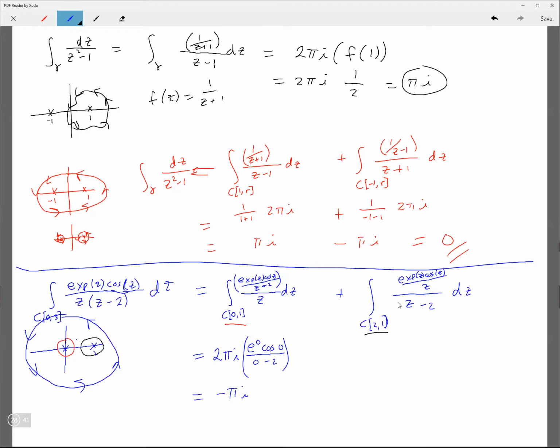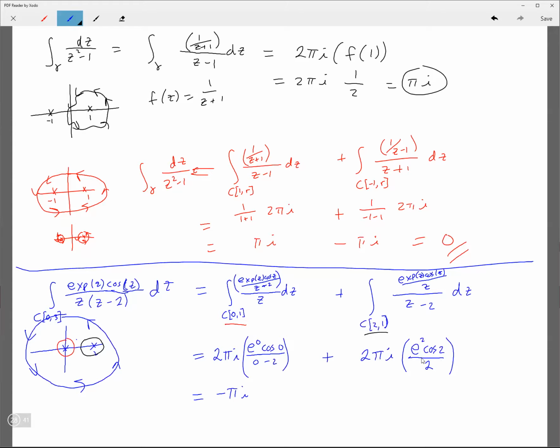Okay, and then this piece right here, that's another 2 pi i. But then what do you have here? e to the 2 times cosine 2 divided by 2. Yeah, you just plug 2's in here. So your w is 2, and your f of w is this.